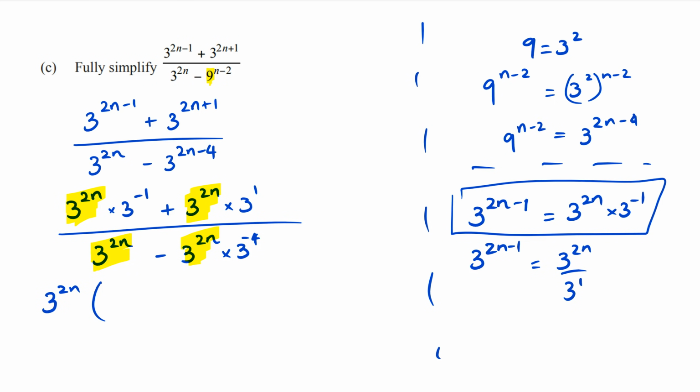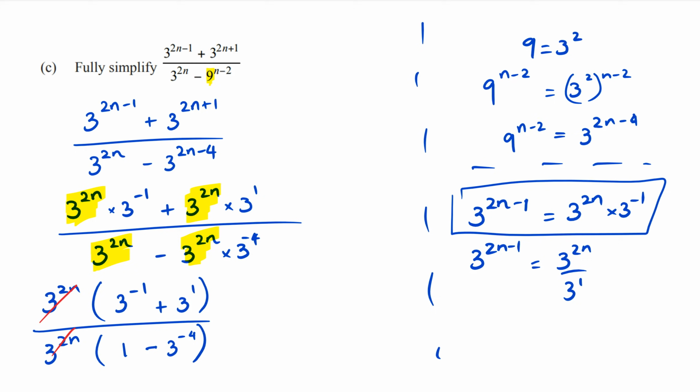When we take it out, inside we get 3 to the power of negative 1 plus 3 to the power of positive 1, divided by 1 minus 3 to the power of negative 4. So we cancel out both of our 3 to the power of 2n's. And the last part, we just need to put that in the calculator to solve it.